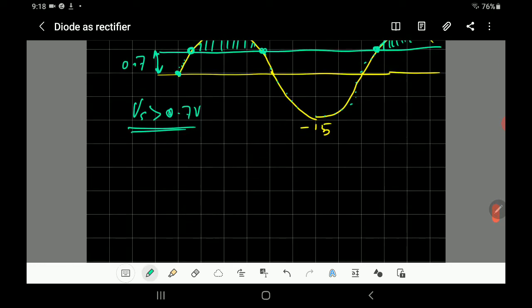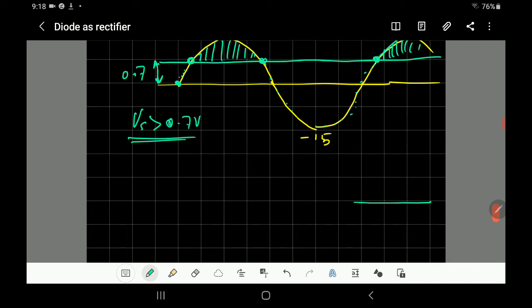So when you look at the output voltage, if this is your 0 and this is your 0, it's not going to be like that. It's between these two zeros, so it will be like that.